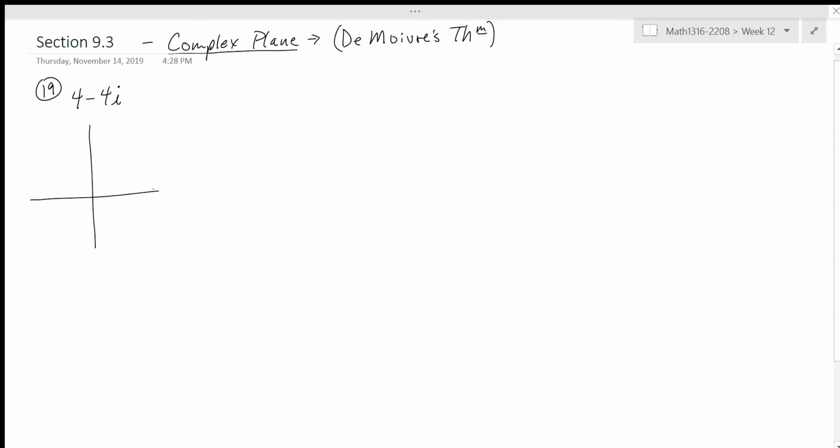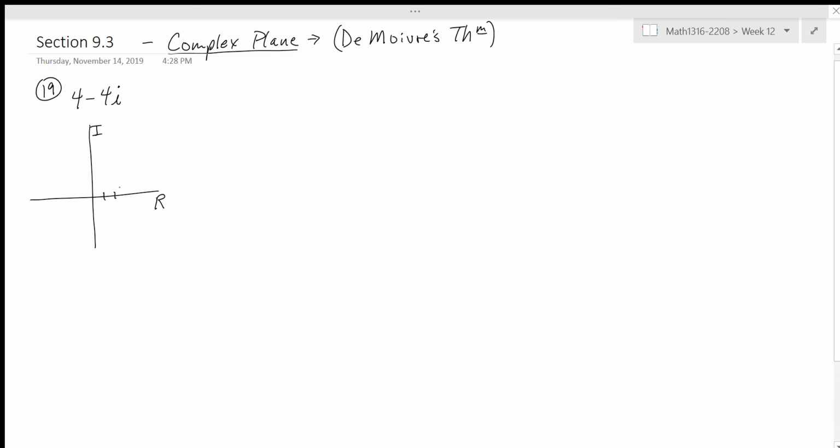So in the complex plane, it's no longer x-axis and y-axis. Now it's real axis and imaginary axis. But it works just like an x and a y, okay? So in this complex number, which number is the real part? The positive 4 is the real part.